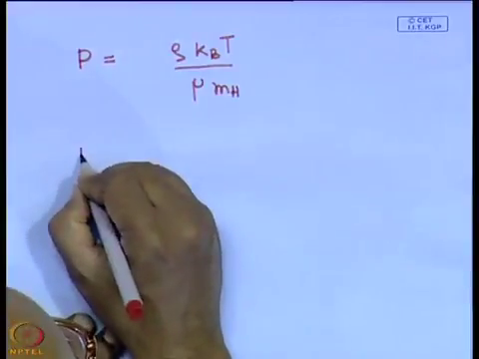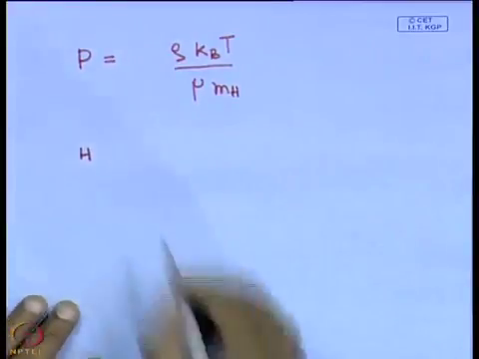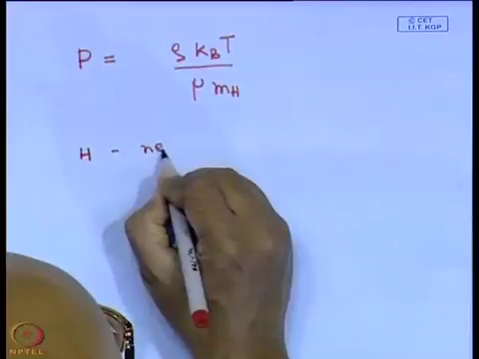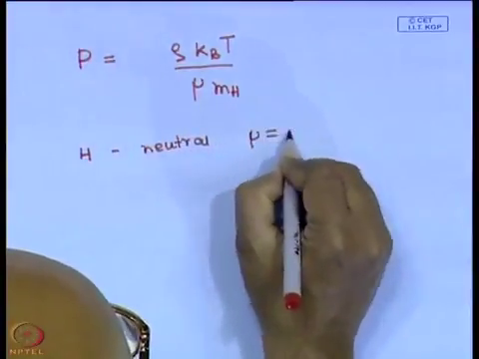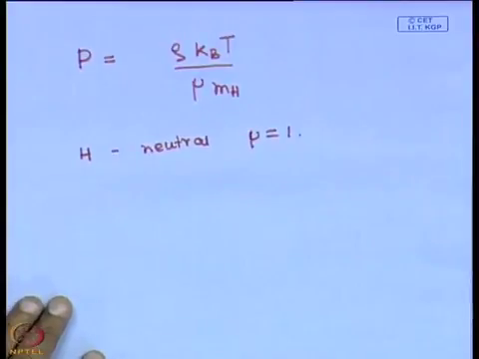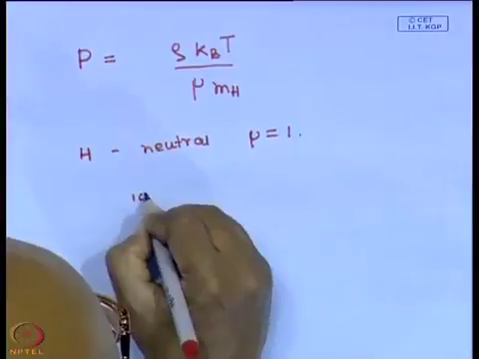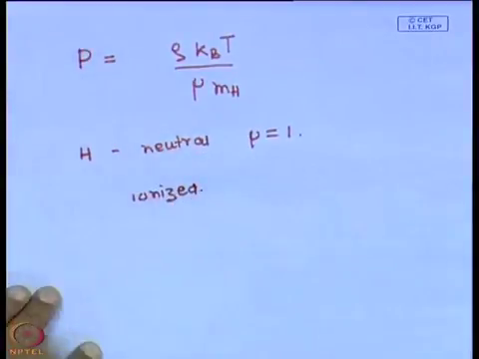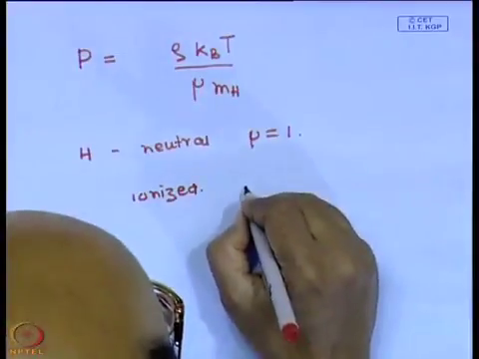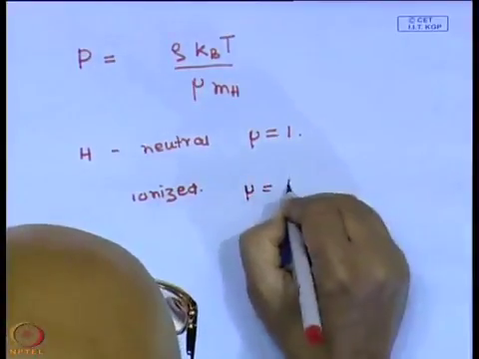For hydrogen, if it is neutral, mu is 1. Whereas, if it is ionized, then the mean atomic weight is half.